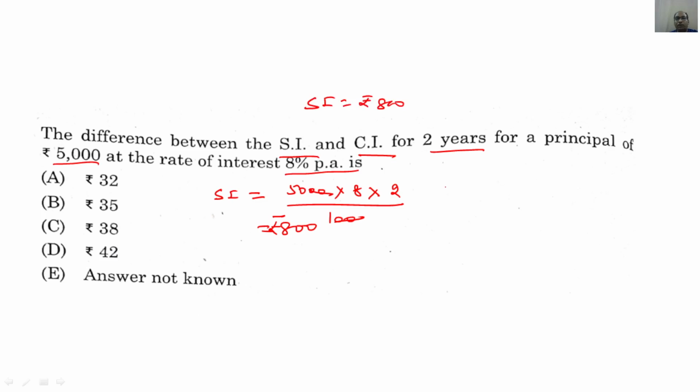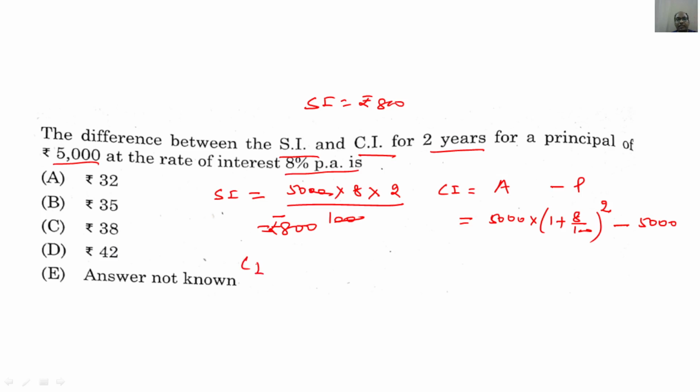Fine. Now compound interest. Compound interest will be amount minus principal. So amount, how are we finding it? It is 5,000 into 1 plus 8 by 100, and for 2 years, so squared, minus again 5,000. Right?